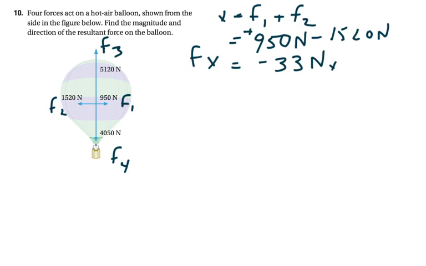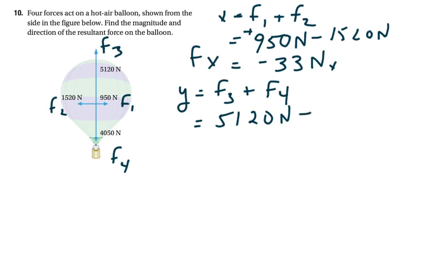Do the same thing for the y component. So this is going to be, you just add up F3 and F4. So F3 is in the positive y, so 1520 newtons. F4 is going down the negative y-axis, so we're going to subtract it off, or plus or negative. So 4050.